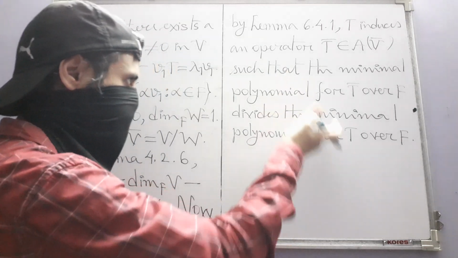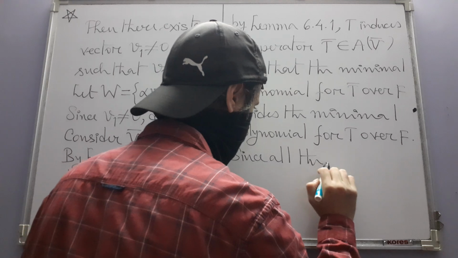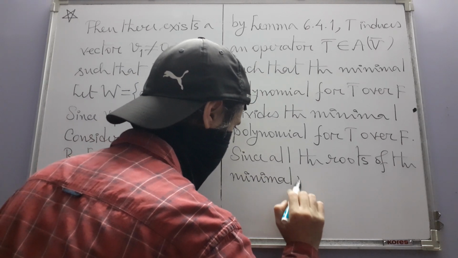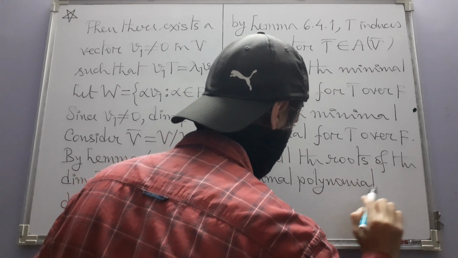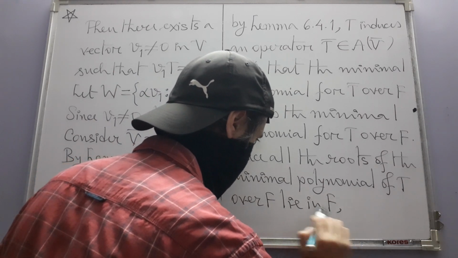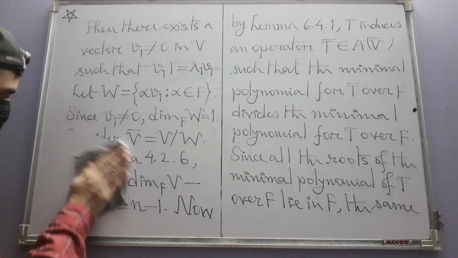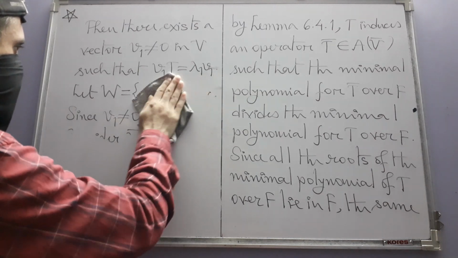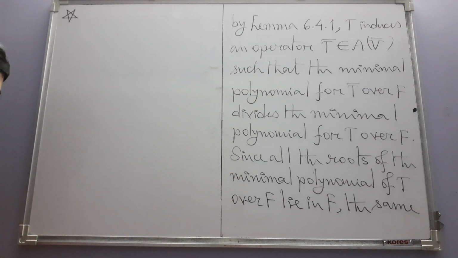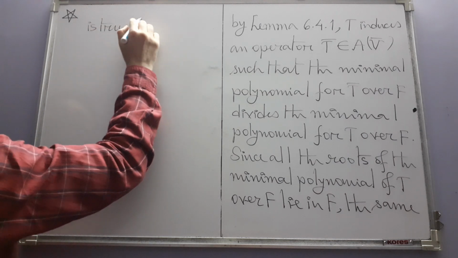Use that language, but after all we have to say in terms of minimal polynomial. Since all the roots of the minimal polynomial of T over F lie in F, the same is true for the minimal polynomial of T bar over F. Actually, giving no names to these polynomials is causing these long sentences.